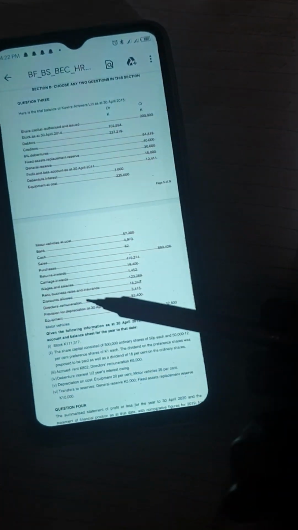Then we go to the general reserves. The general reserves figure was 15,000, and they're adding a transfer of 5,000. So 15 plus 5 gives us 20,000.